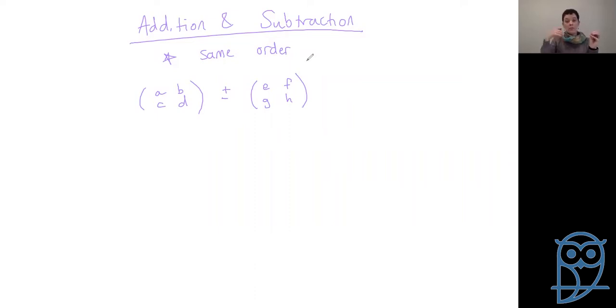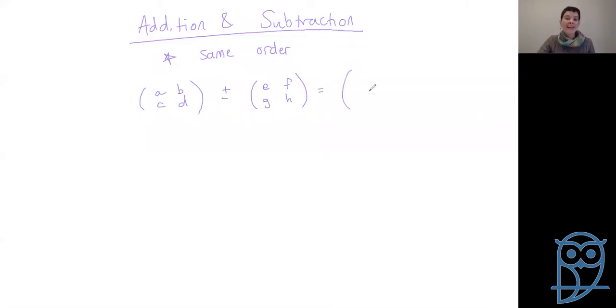So top left plus top left, bottom left plus bottom left, top right plus top right, bottom right plus bottom right. If we were subtracting, it would be exactly the same pattern of combinations, just subtracting instead of addition.